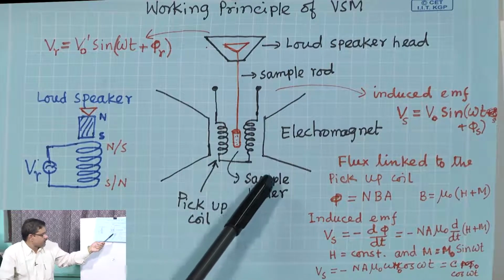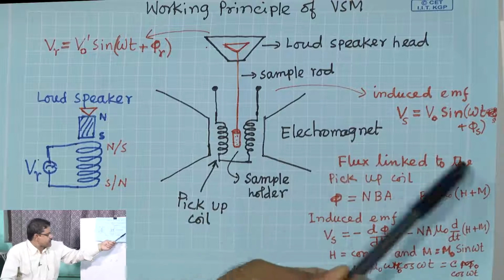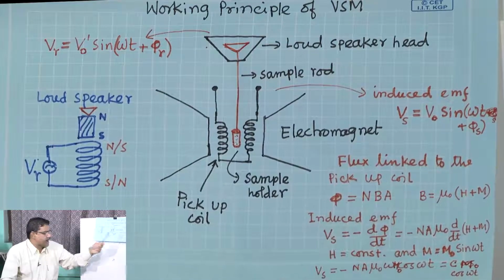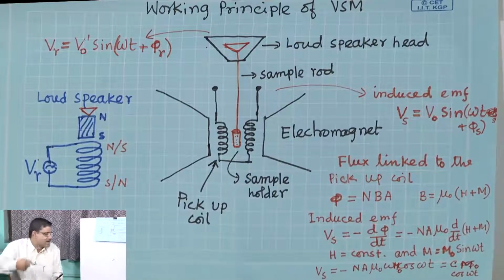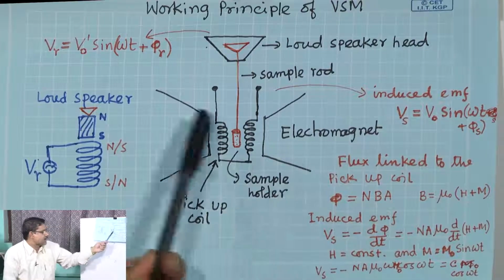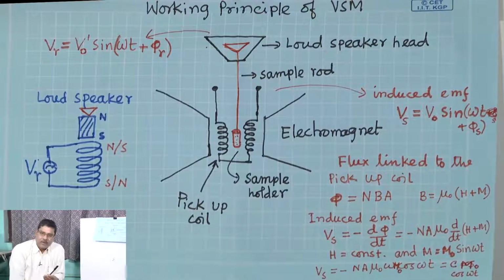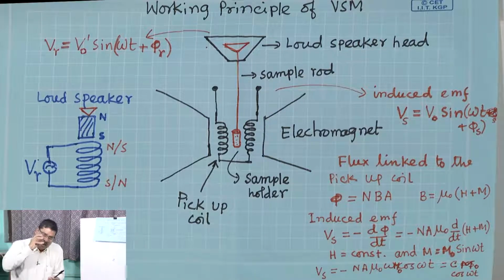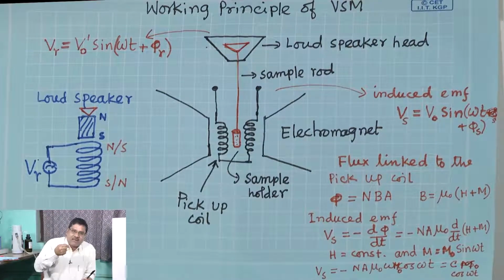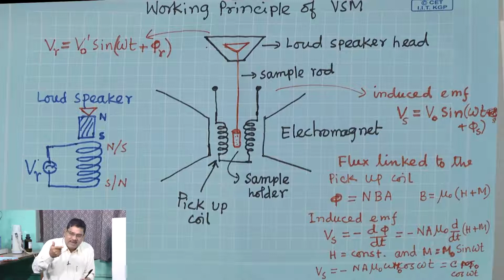The flux linked to the pickup coil is phi equal to NBA. N is the number of turns in the coil, B is the magnetic induction, B is basically mu 0 times H plus M. So it is the applied field from this electromagnet as well as the field due to the magnetization.